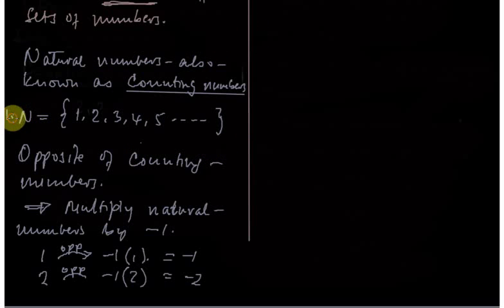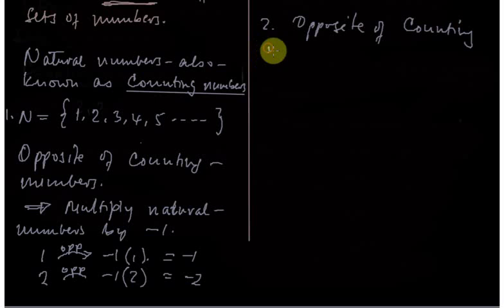If this was set number 1, this is set number 2, the opposite of counting numbers. That is, the set is going to be -1, -2, -3, -4, etc.